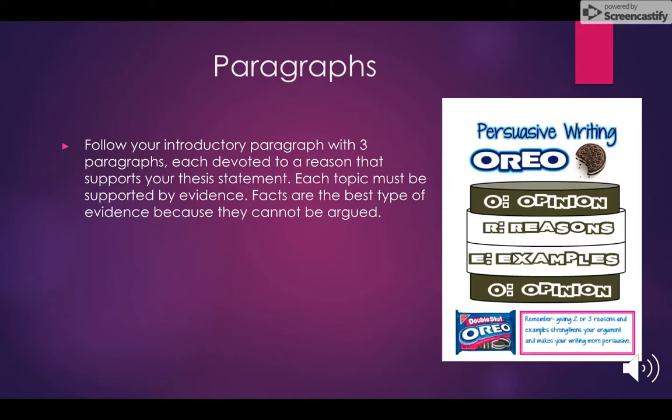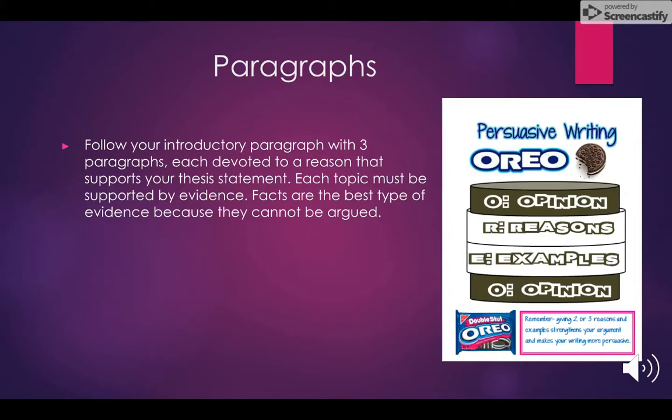Okay, after you get done with that, you will begin writing the next three paragraphs, which are also called the body of your essay. If you can see the picture that I provided, I have an Oreo. Now, when you think of an Oreo, we have two cookies, a top and bottom, with cream inside.